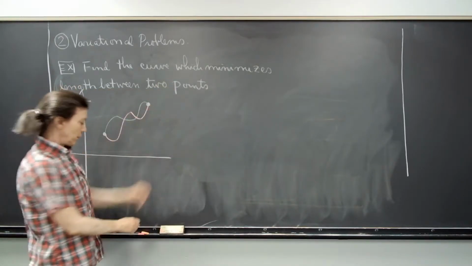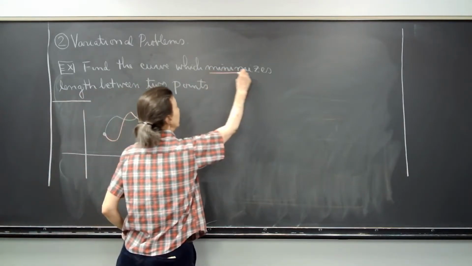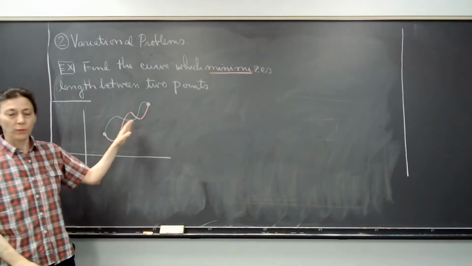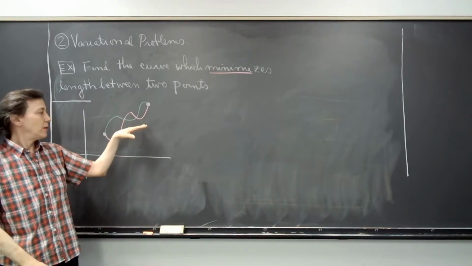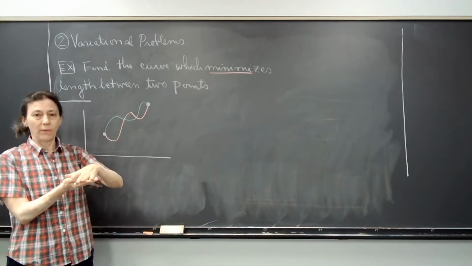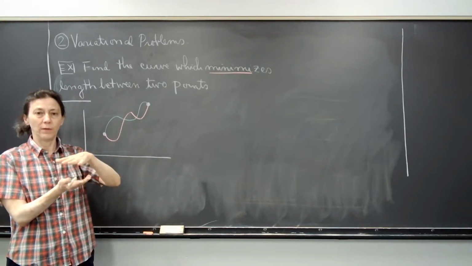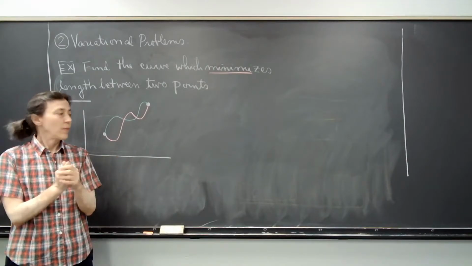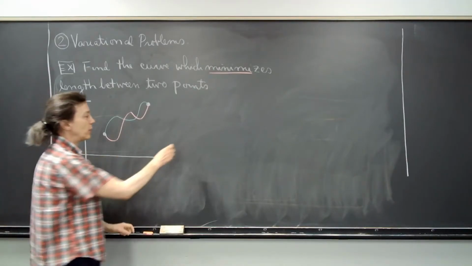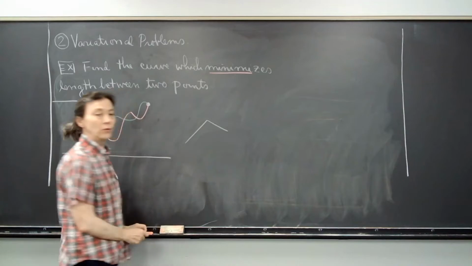But a minimizer, you will expect a minimizer to project to be the graph of a function over either the horizontal or the vertical axis. Okay? Also, there would never be a reason for it to do this, right?